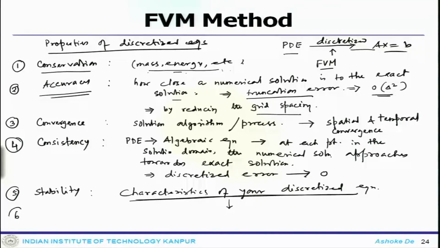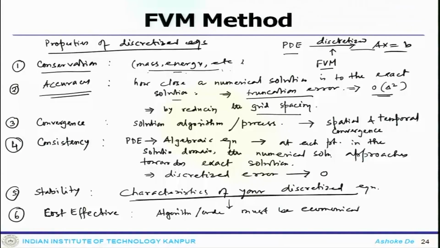Now, another property is that your scheme and all these processes should also be cost effective. That means I should have some algorithm or code that must be economical.